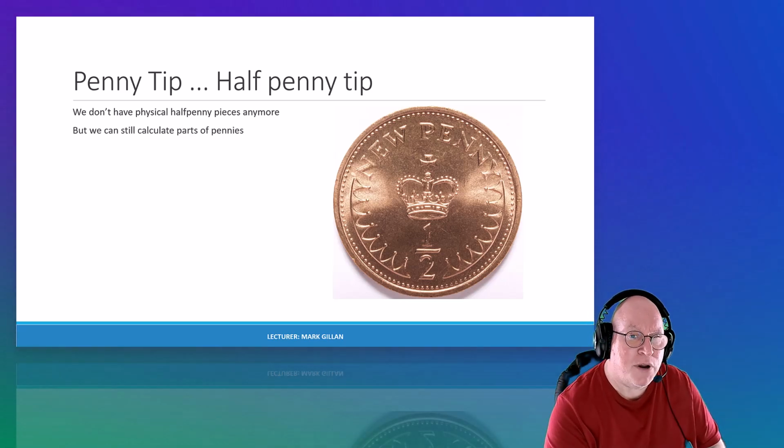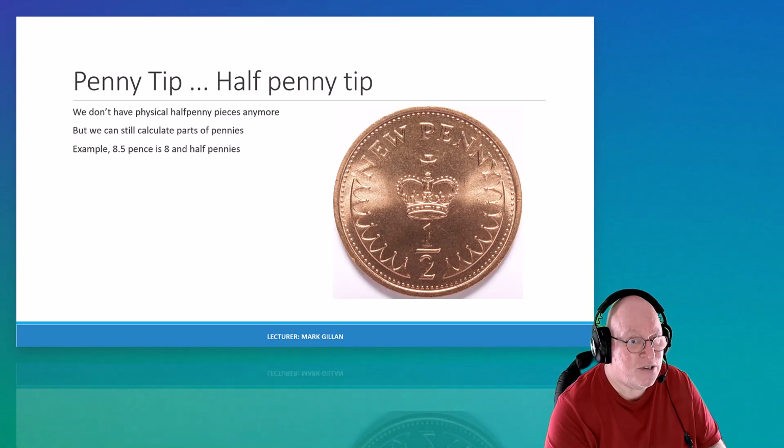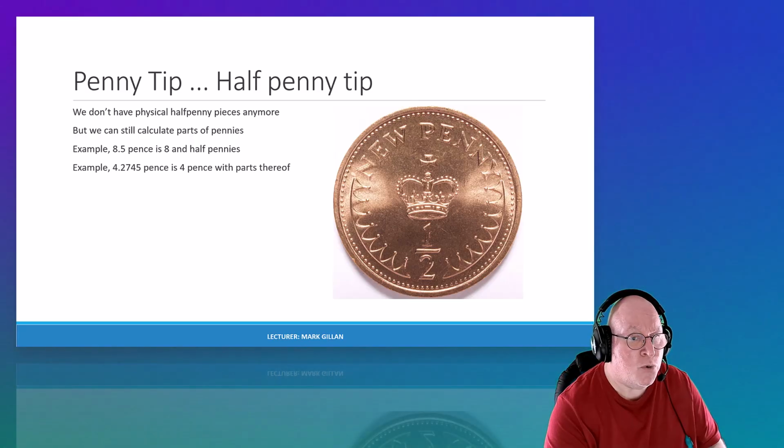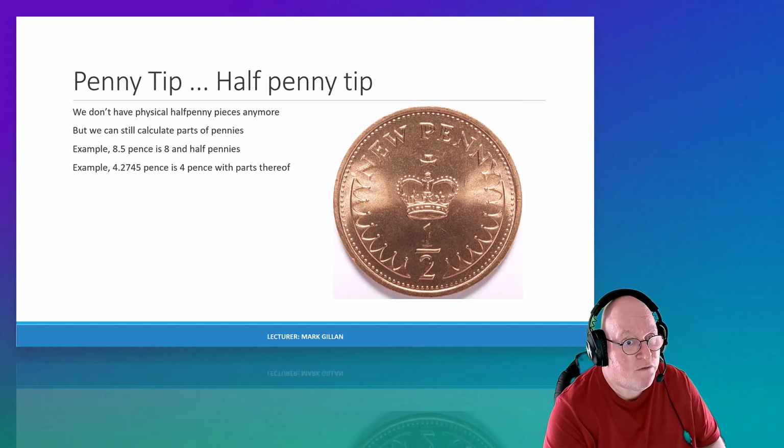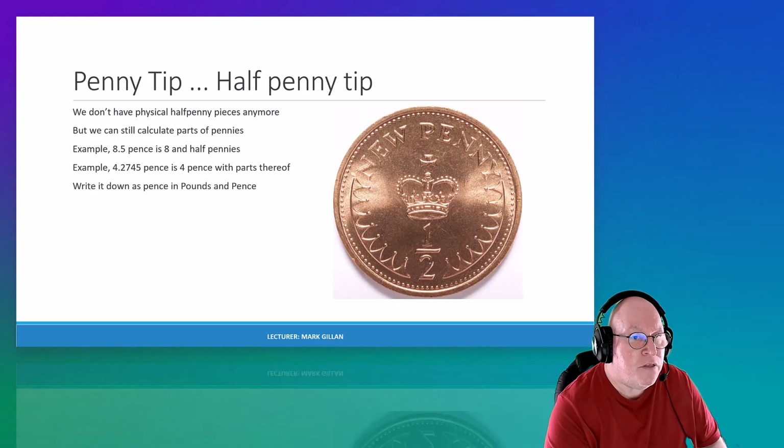We can still calculate in parts of. So, for example, 8.5 pence is 8.5 pence. So 4.2745 pence. It's 4 pence plus parts thereof. So we can do that with anything at all, so we can when we do things in decimal.